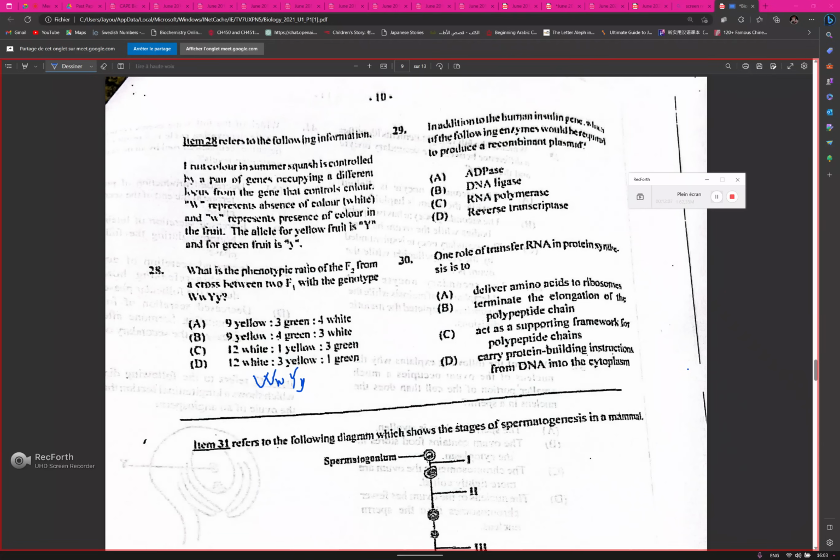So what's right? The phenotypic ratio of dihybrid crosses is usually 9 to 3 to 3 to 1. It tends to be 9 to 3 to 3 to 1 if they're independently assorted. But we don't see 9 to 3 to 3 to 1. So what is happening here? What are the different phenotypes that we see?